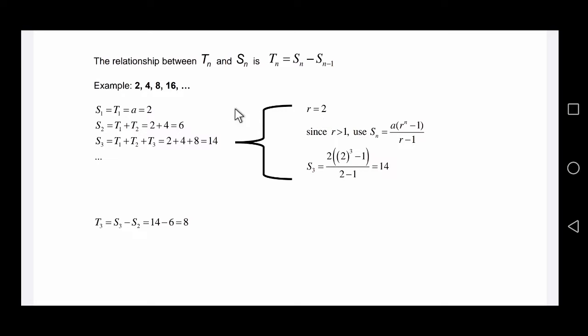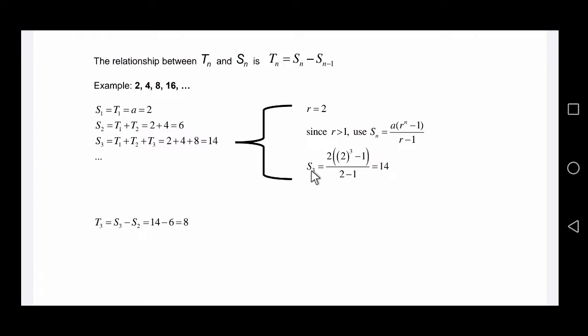You can take the second term divided by the first term, or the third term divided by the second term. Since r is greater than 1, we use this formula Sn equals A times r to the power of n minus 1 over r minus 1.